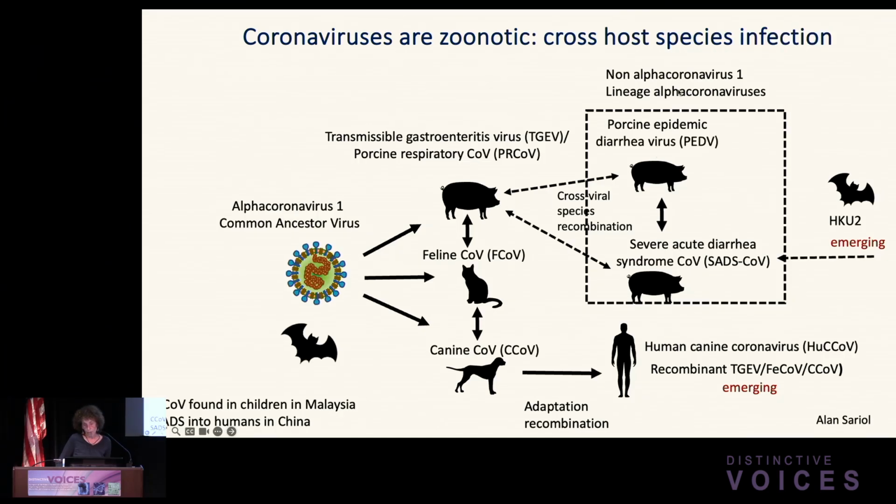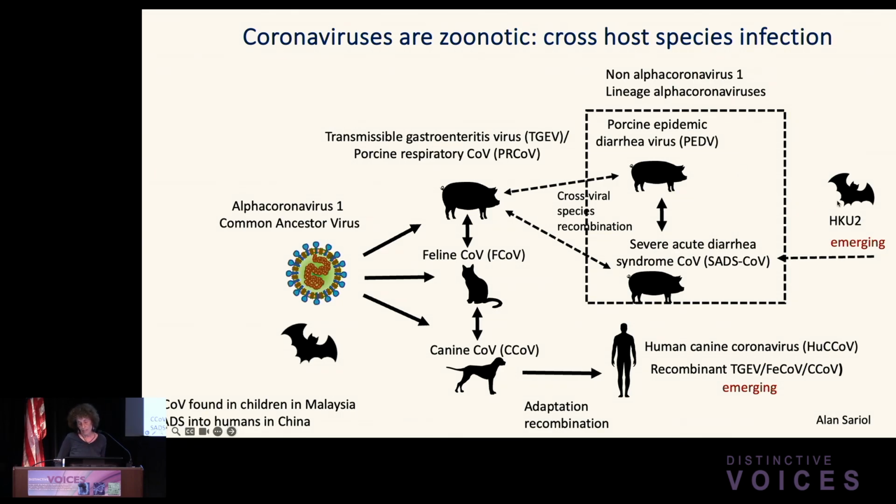There's another virus called porcine epidemic diarrhea virus that's not directly related to this original virus. So a pig can get infected with that virus, and then there can be recombinant viruses that come out of them.